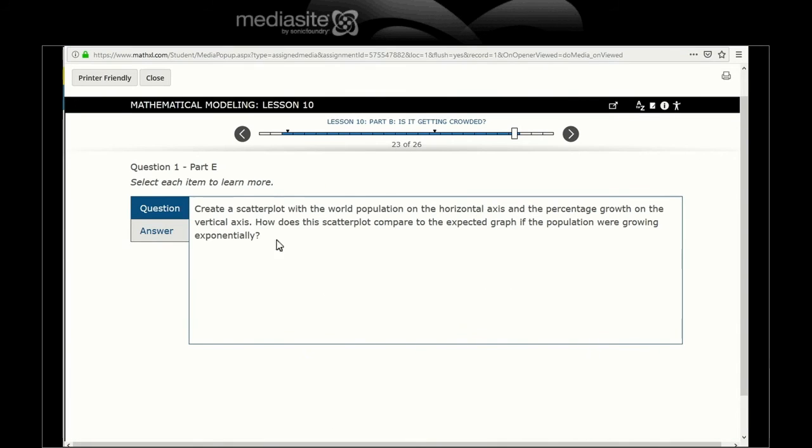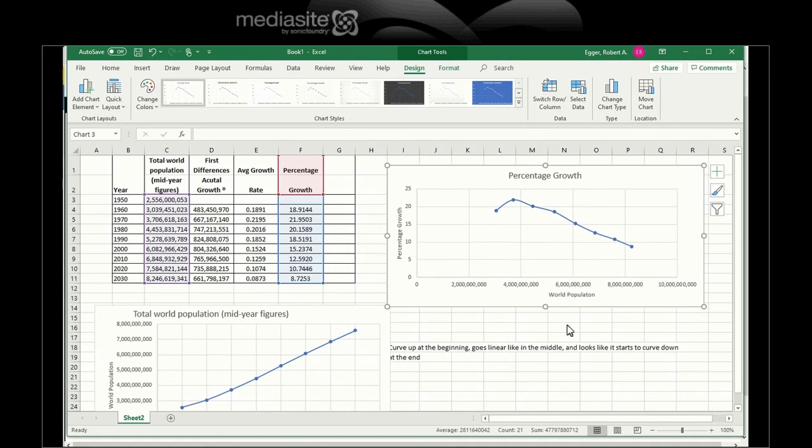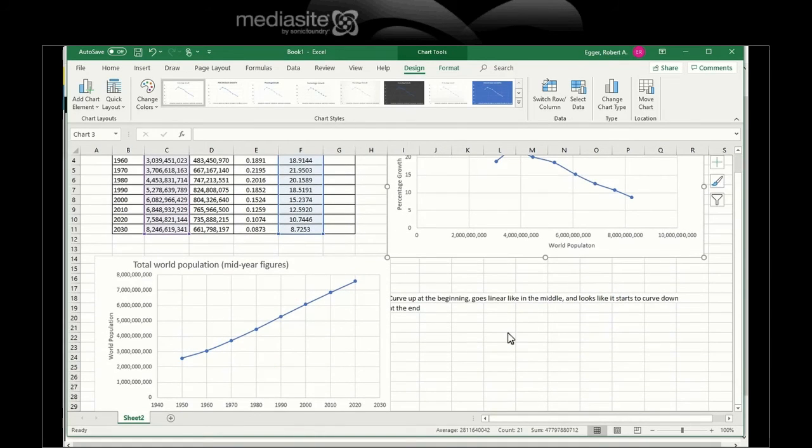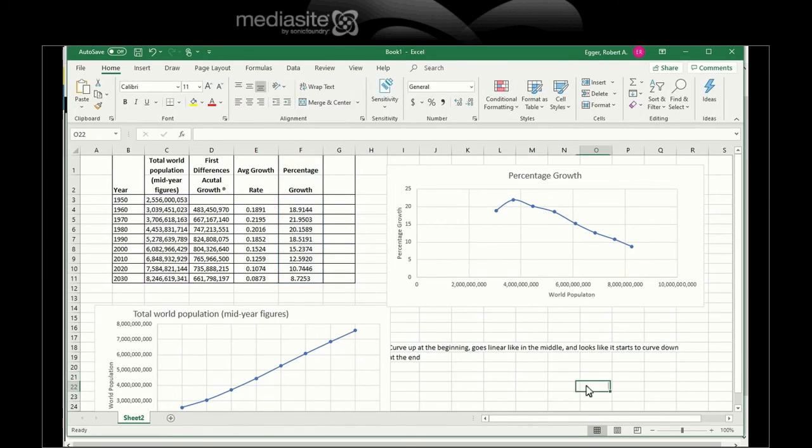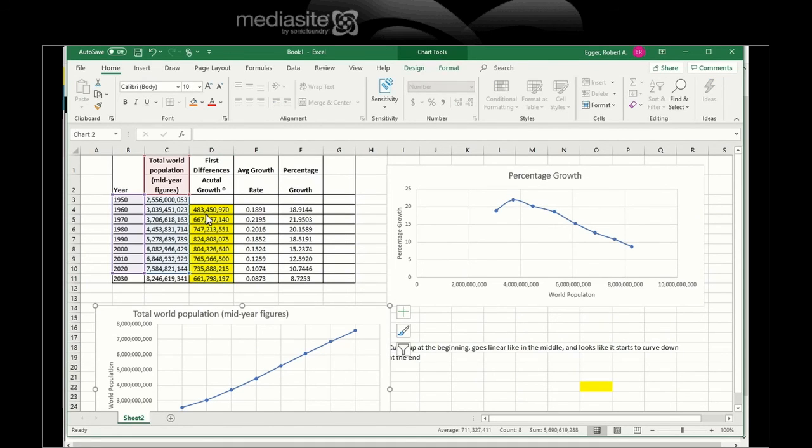Let's go, what is the question? How does the scatter plot compare to the expected graph if the population were growing exponentially? Okay. Well, if the population was growing exponentially, one would expect this data, the actual growth differences, to be constantly getting larger and larger. So like 483 million, 500 million, 600 million, 700 million, 800 million, 900, a billion, 2 billion.